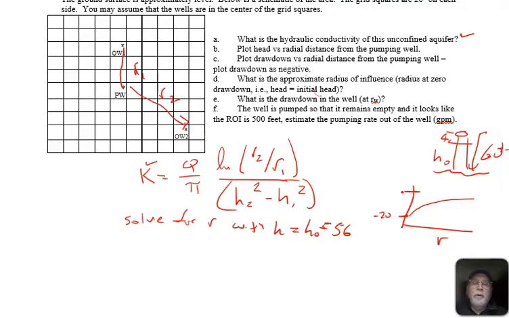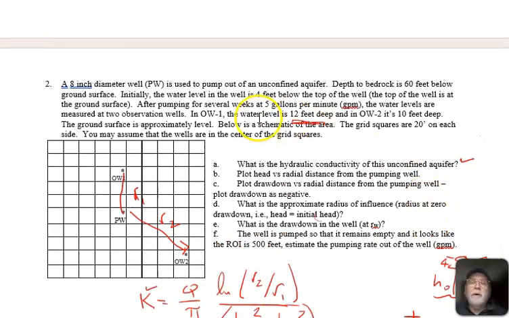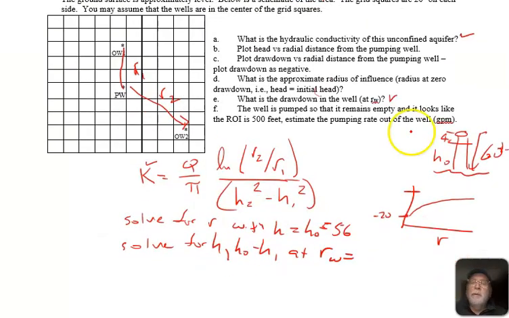So solve for H, and then the drawdown is H0 minus H at the radius equals... what size is our hole here? It's an 8-inch diameter well. That's actually the diameter of the hole. So the radius of the well would be 4 inches, equals 1/3 of a foot.